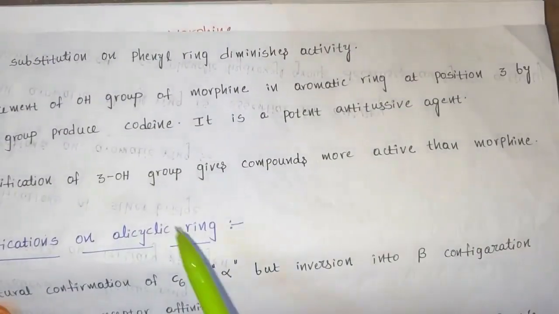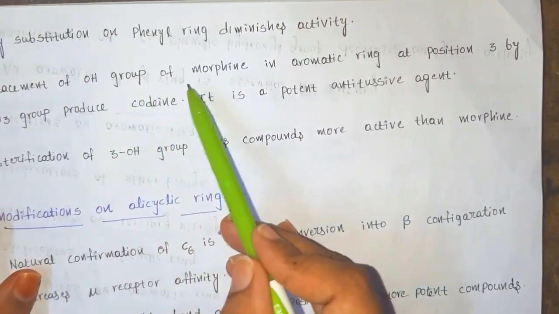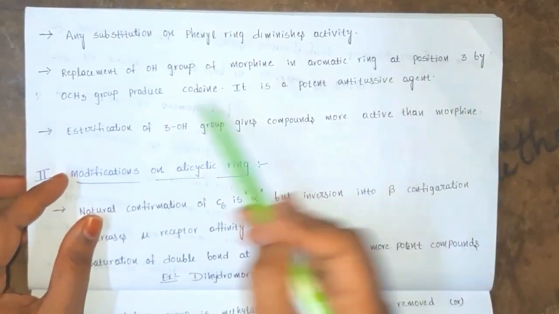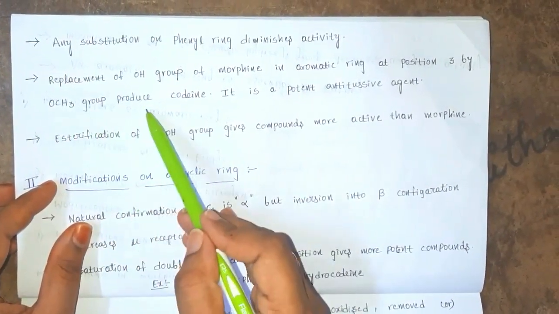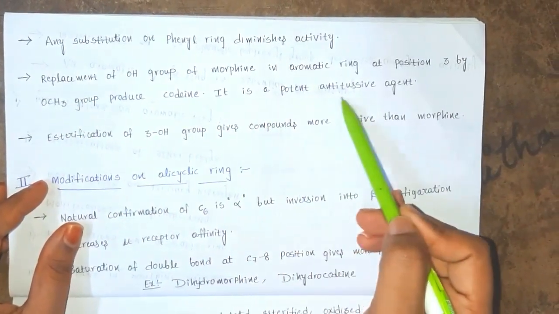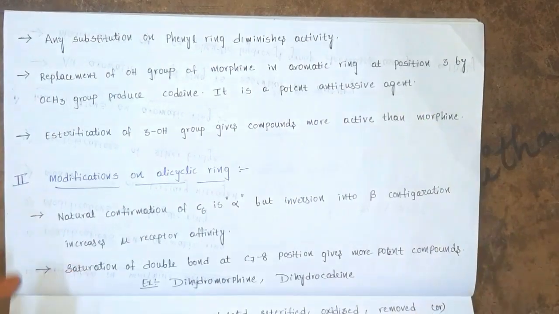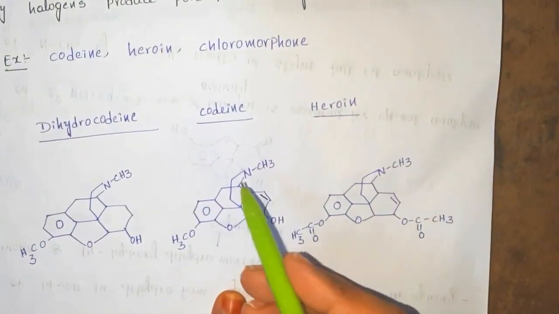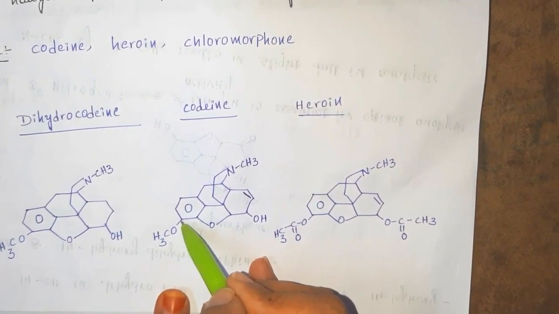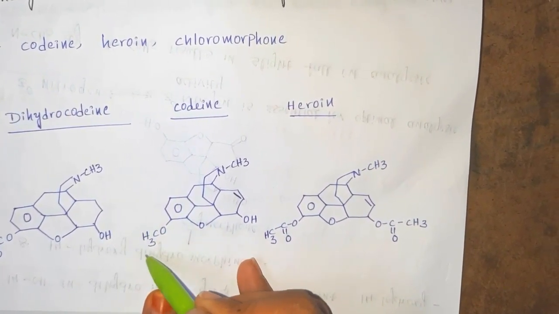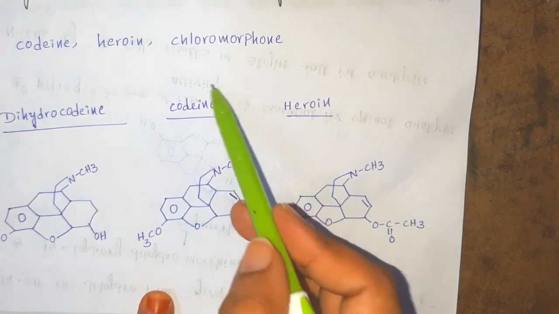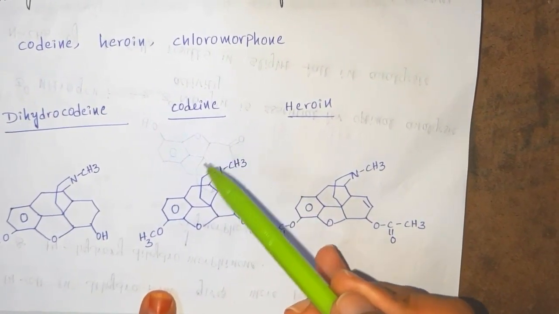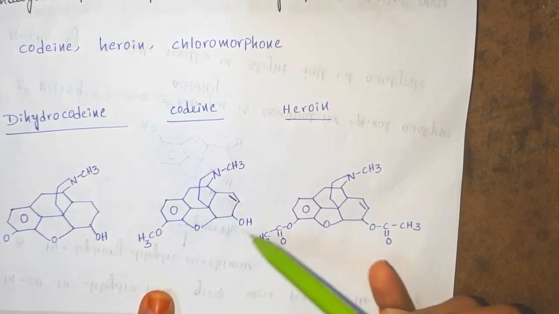Replacement of the OH group of morphine in the aromatic ring at position 3 by a methoxy group produces codeine. It is a potent antitussive agent. This is the structure of codeine. So analgesic activity is converted into antitussive activity.